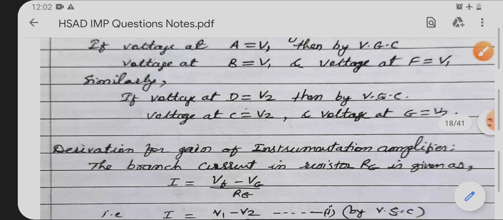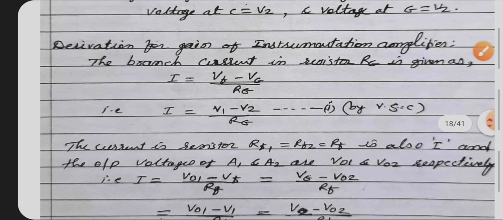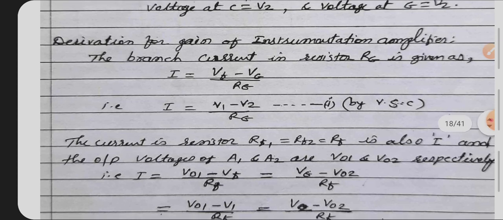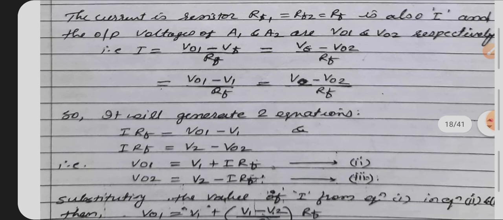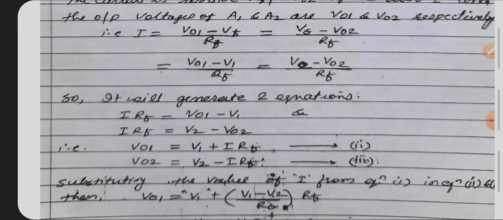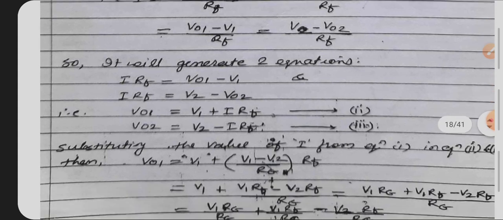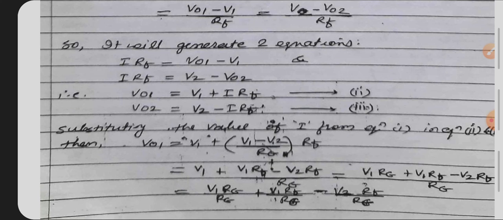Similarly, you can write down the equation for current. I is equal to Vf minus Vg divided by Rg, which can be rearranged as V1 minus V2 divided by Rg by the virtual short concept. Then by rearranging and referring to the circuit diagram, you will get two equations: VO1 is equal to V1 plus I into RF, and VO2 is equal to V2 minus I into RF.